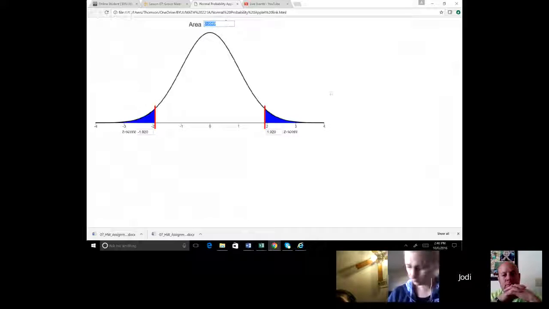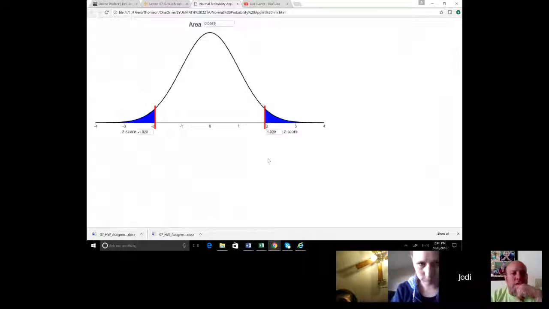Isn't this both sides added together then? Yeah, I think you need to have the negative and the positive. So you get 0.055. That's what I am thinking.